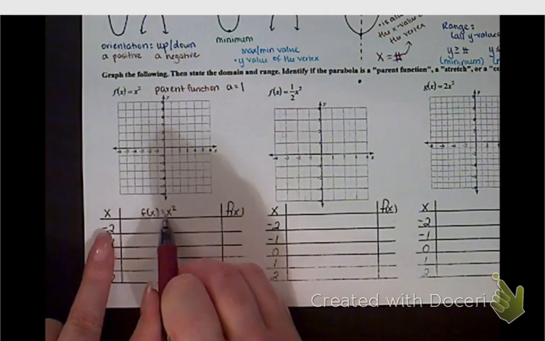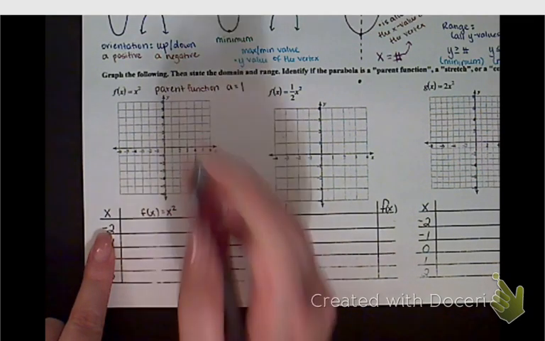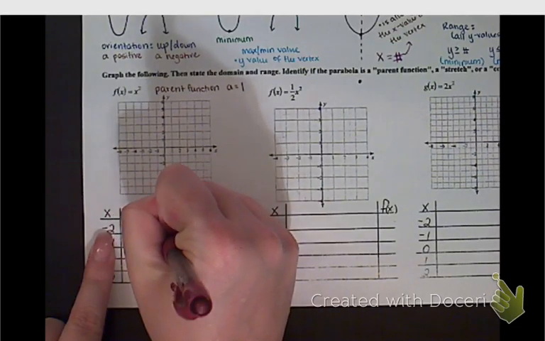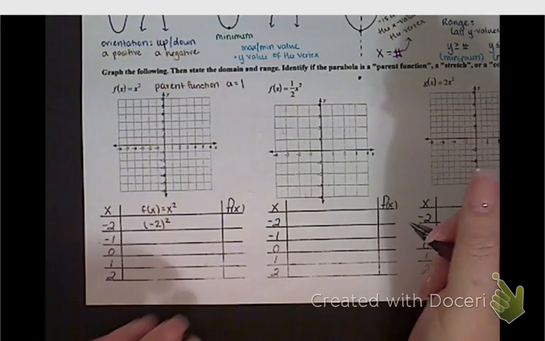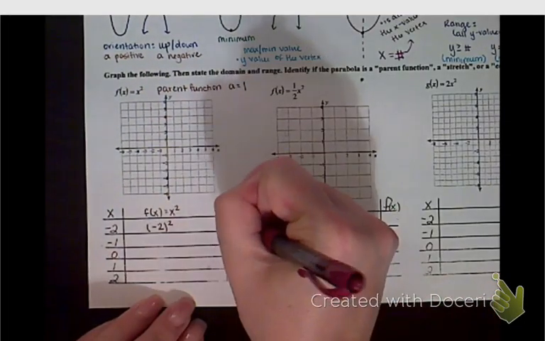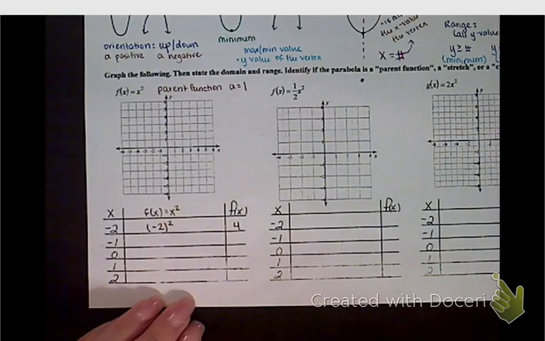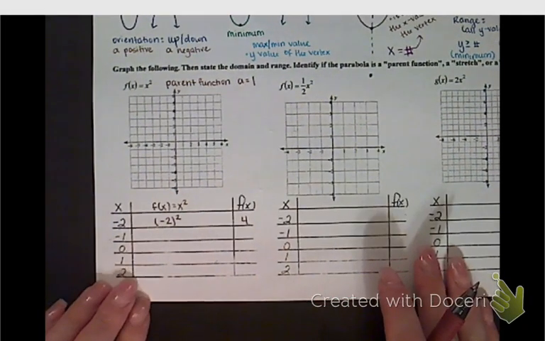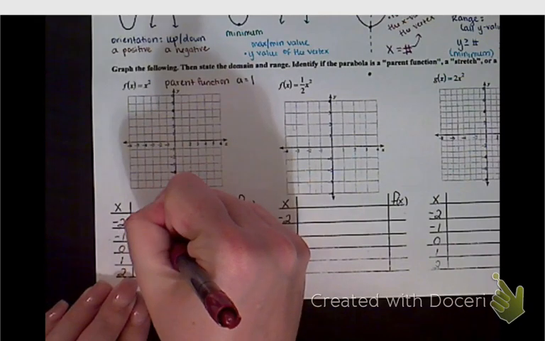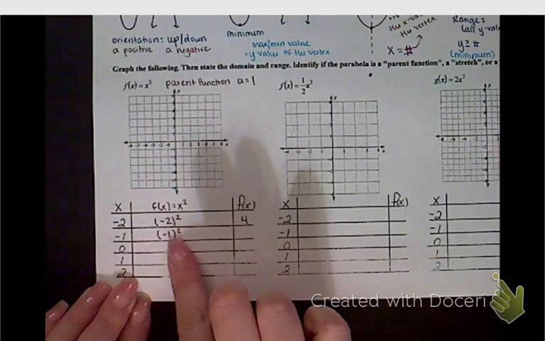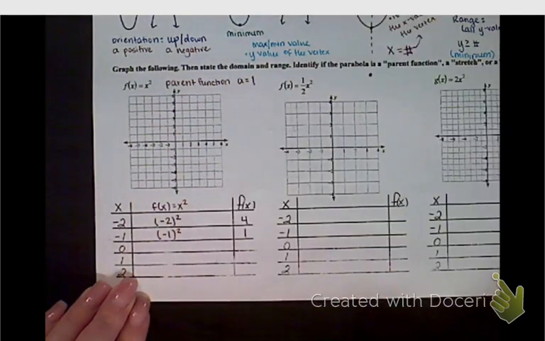So if I plug in -2 for x, -2 squared, -2 times -2 is a +4. Okay. If I plug in -1, -1 times -1 is a +1.